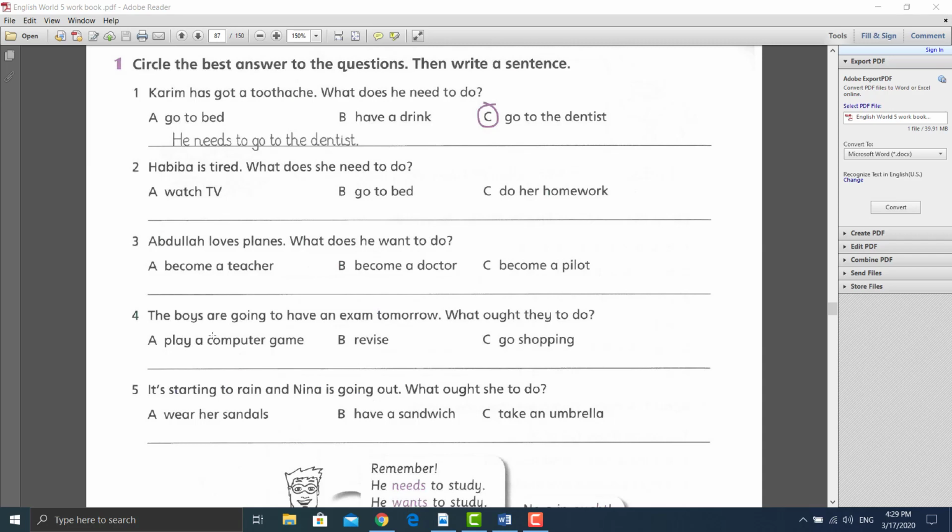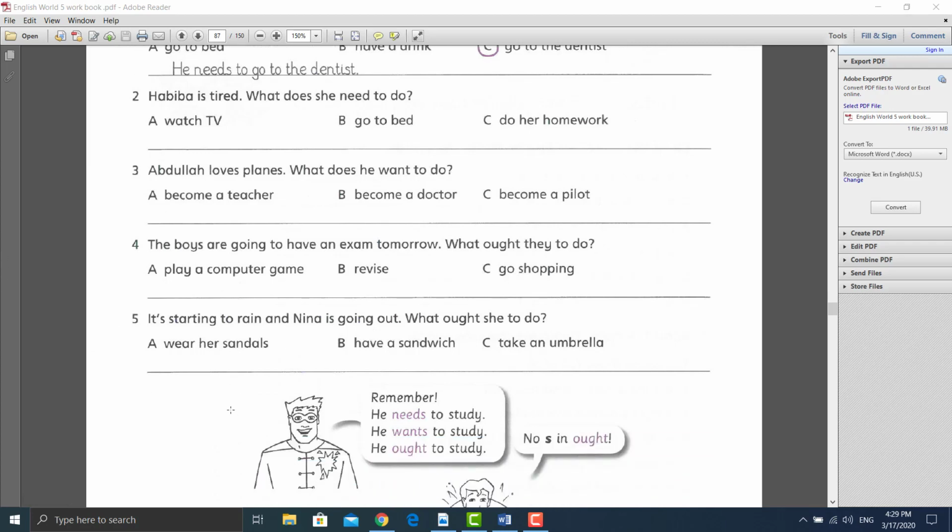No. Of course, not playing a computer game. And revise or go shopping. When the boys have an exam, what ought they to do? Yes, they ought to revise. Okay.